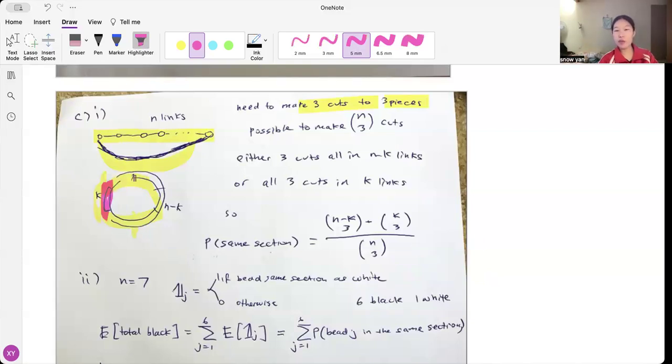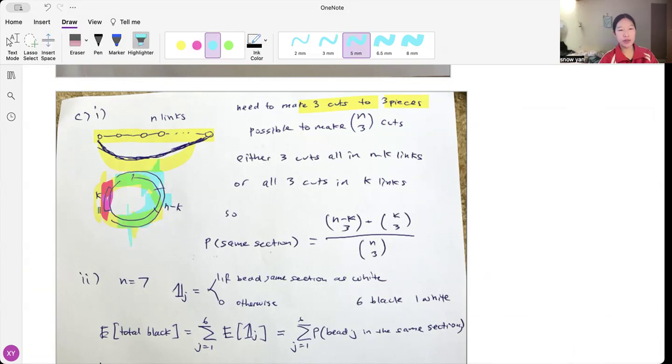So I have two ways to go about this. I could focus on cutting three slices somewhere in the outer major arc, n minus k. If I'm able to make all three cuts inside this n minus k, then my k is preserved.